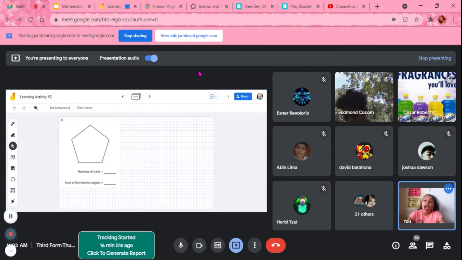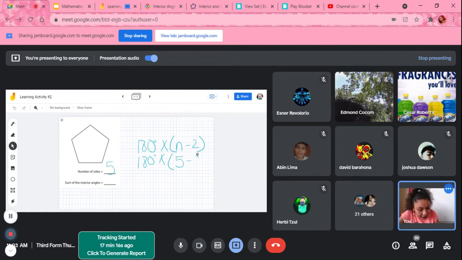So now this one. How many sides does this shape have? 5 sides. Very good. So now I'm going to do the same thing. I'm going to use the formula 180 times n minus 2. In this case, n is going to be 5. 5 minus 2 gives me 3.